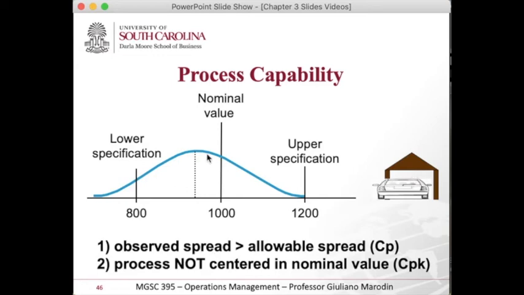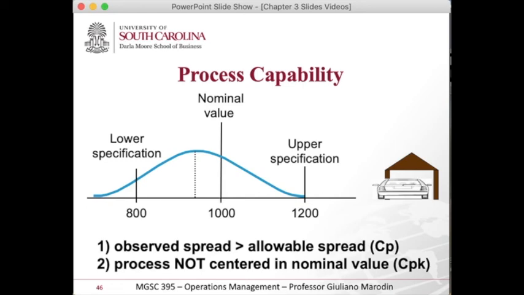And it's the same thing that I'm seeing here with the distribution. It's too spread out, so it means that the standard deviation is too high, okay? And it's not mean centered, it's lower. The mean is lower than the target or nominal value in the middle here of the specification limits, right?